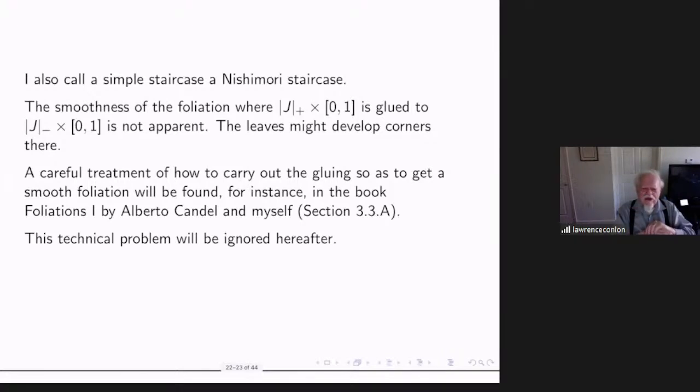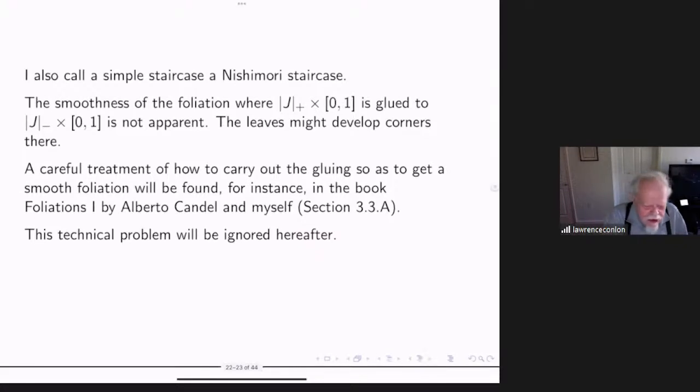That is a fairly easy problem to deal with, and a careful treatment is given in the book I wrote with Alberto Candel, Foliations I, section 3.3.A. So I'm going to ignore this technical problem with smoothness. When I glue transverse pieces of foliations together by diffeomorphism, I will assume the result is smooth because it can be proven, it can be done that way. All right, next slide.